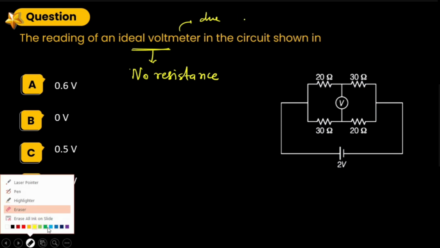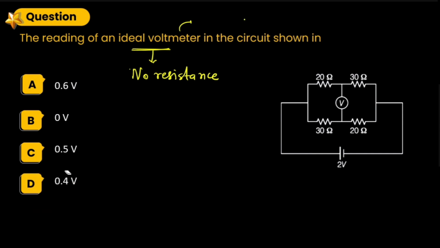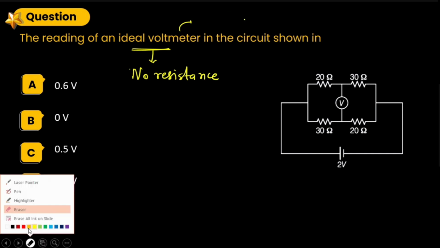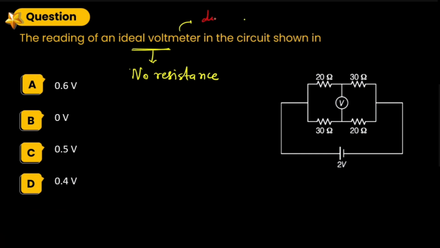So it does possess resistance sometimes, but the ideal voltmeter has no resistance. So as the question says it is ideal, there must be no resistance.